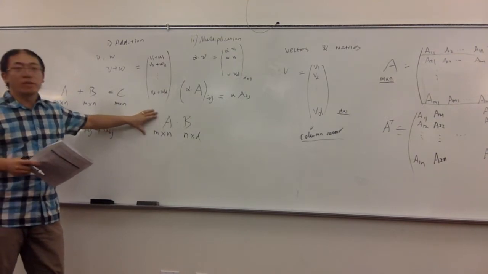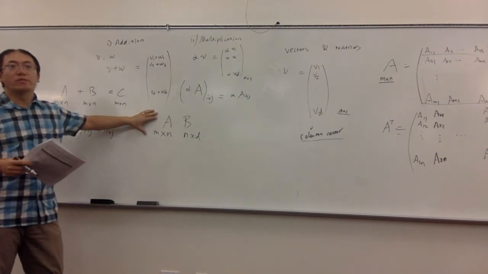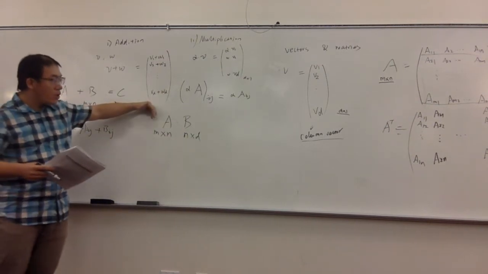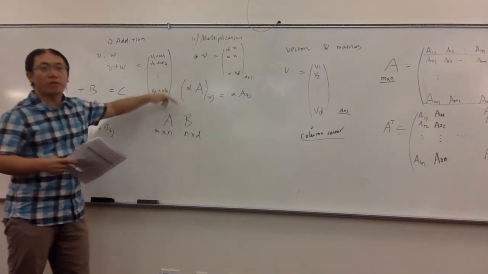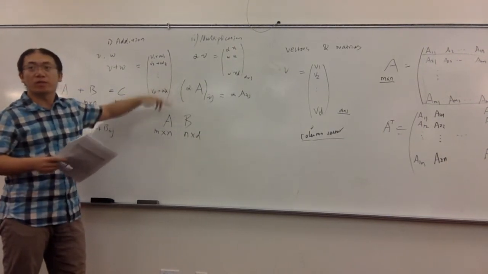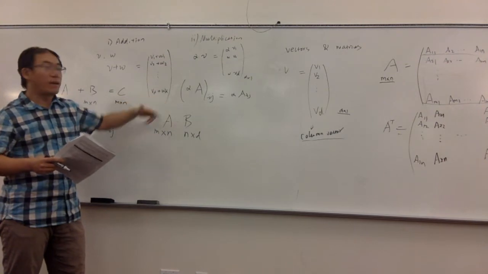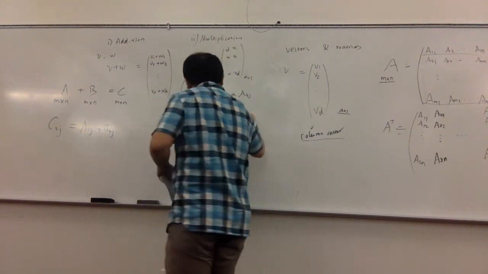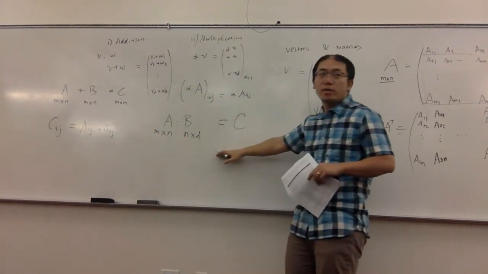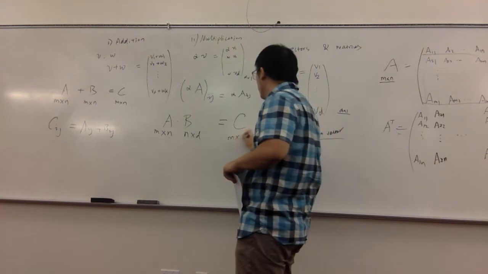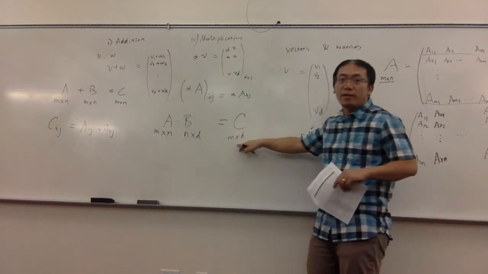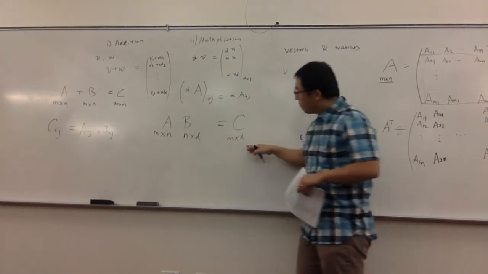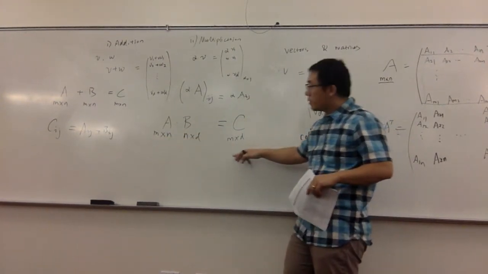And then how can we compute this multiplication? First we need to know what the result of this multiplication is. It is another matrix, an M by D matrix. The size of the result matrix, M by D, has the same number of rows as the first matrix and the same number of columns as the second matrix.